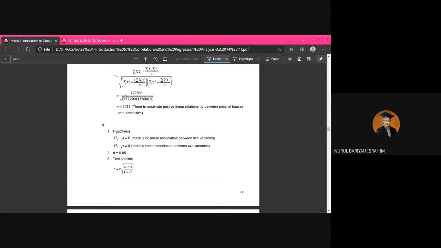So here we'll get 0.76. So there is moderate. Some books, like I said just now, it is saying that 0.7 is still moderate, but we can consider a strong positive relationship between x and y.